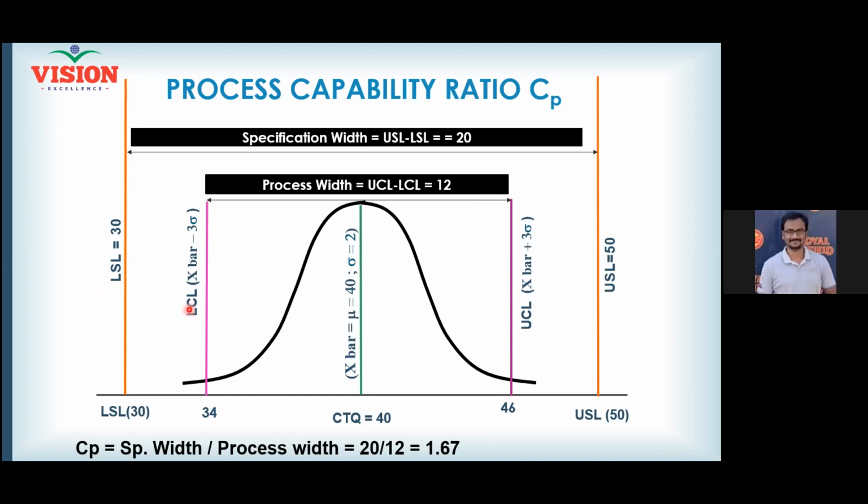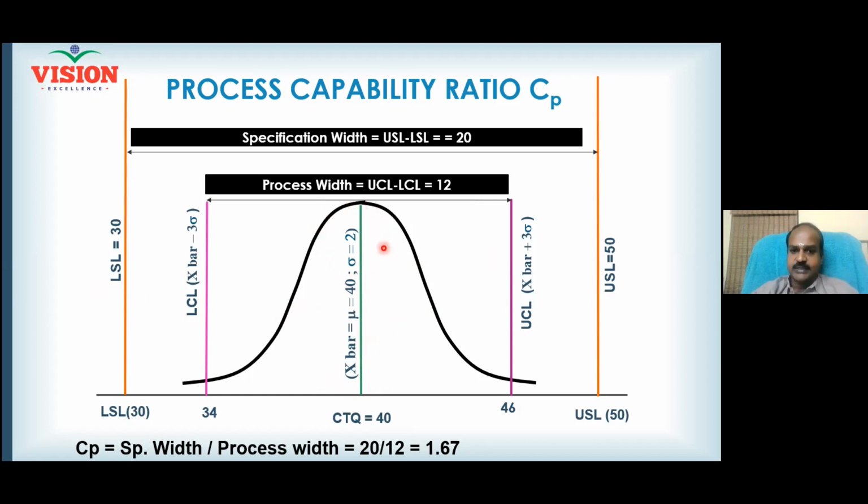See, UCL, LCL, if you want to calculate, you must first collect a sample from the process. From the sample data, calculate the average. That is going to be X bar. The X bar is called the process average. And using the same sample data, calculate standard deviation.